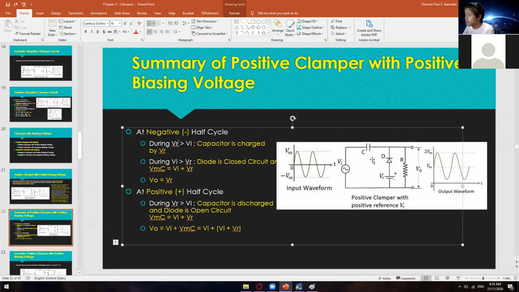Up to the maximum voltage of 5 volts, whatever the value of this reference voltage is will be the value of your capacitor. As you can see right here, it will be positively charged coming from this side and then discharged negatively, so we have a negative sign here and positive here.